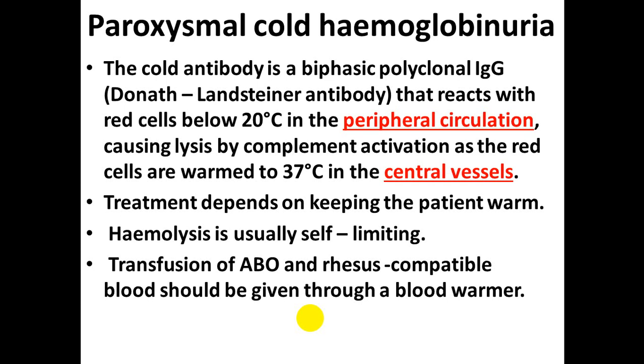Antibodies will be fixed on red blood cells in the peripheral circulation and destroyed in the central circulation when the blood is coming to the heart, where the temperature is 37. This antibody is called biphasic or Donath-Landsteiner antibody, fixed on peripheral blood in cold and causing destruction when this blood is warmed in the central circulation.